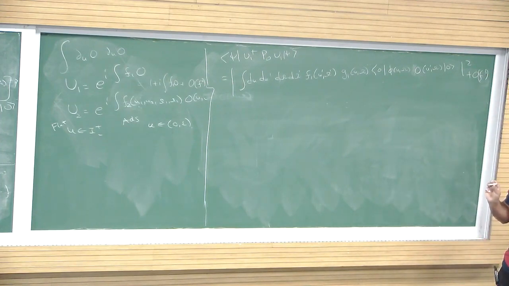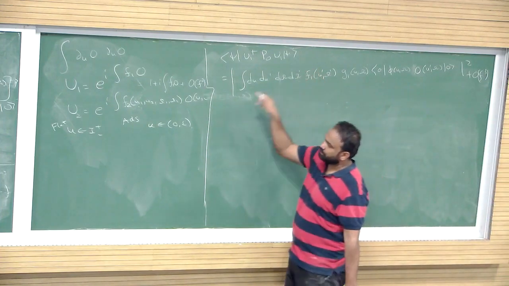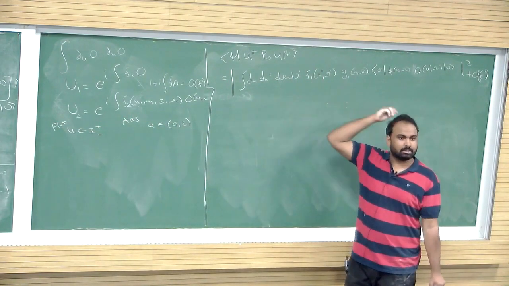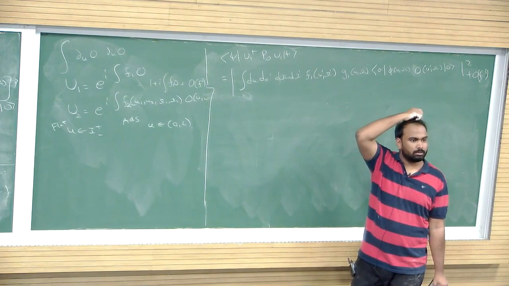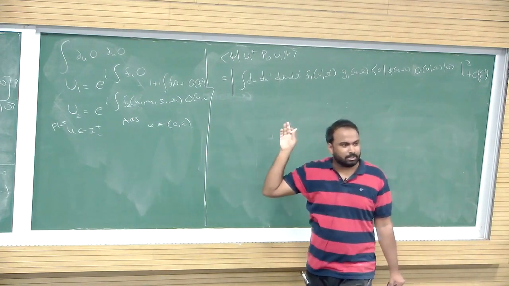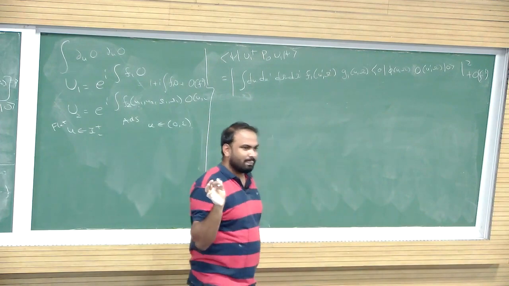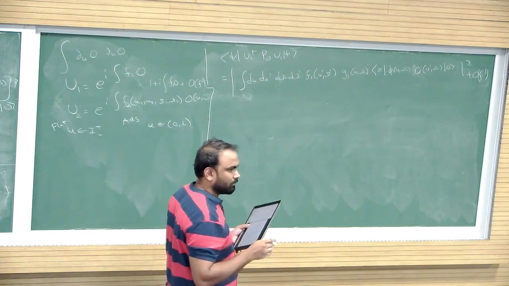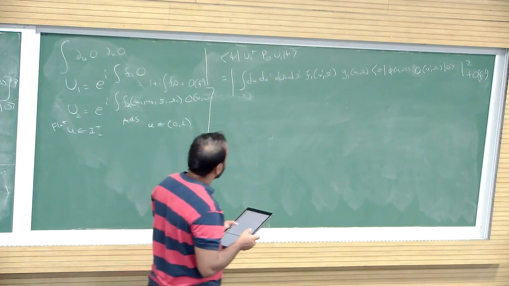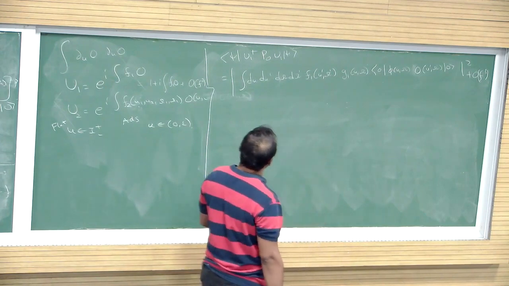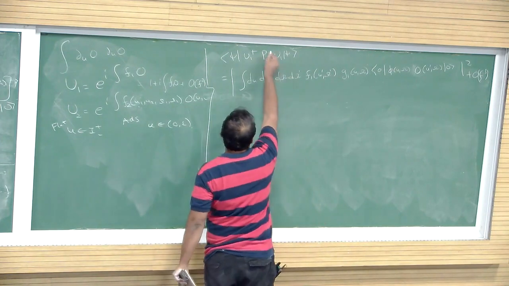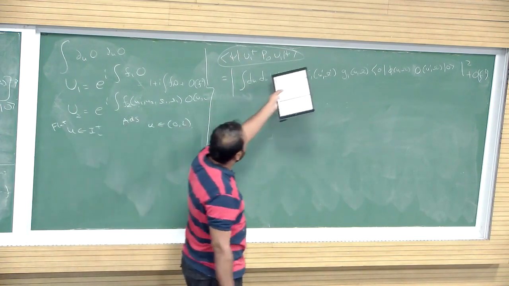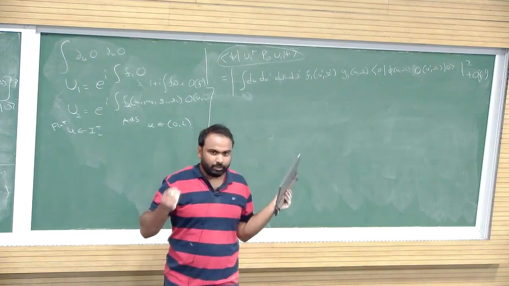Is that okay? All I've done in going from this step to this step is something very similar to the toy example, where I expanded the unitary and computed this expectation value. So what this tells you is that the object on the left-hand side is a physical question that the observers can ask: they modify the state with some unitary and then ask the frequency with which you get 0.